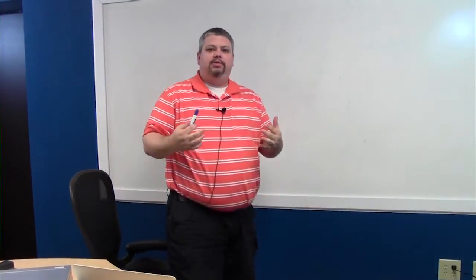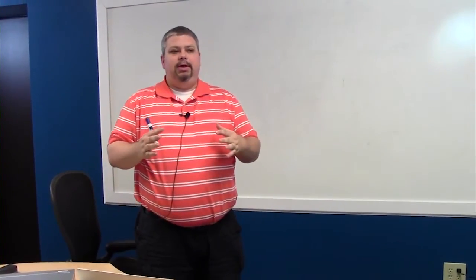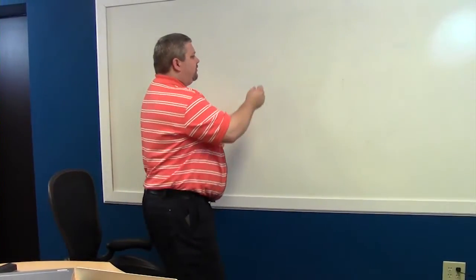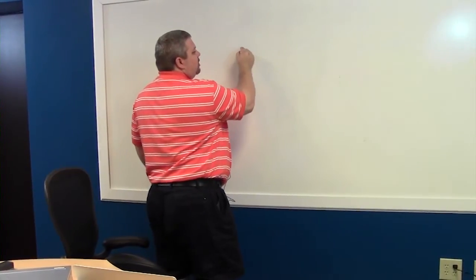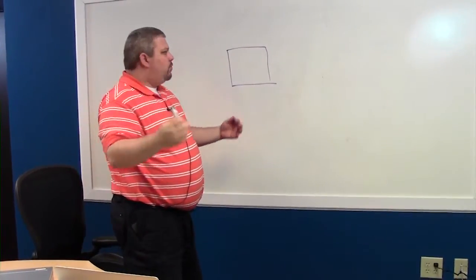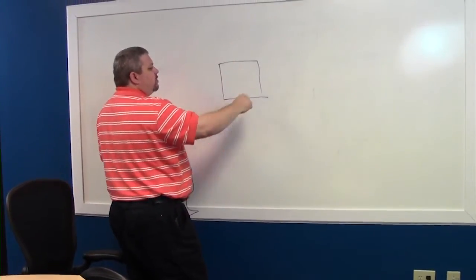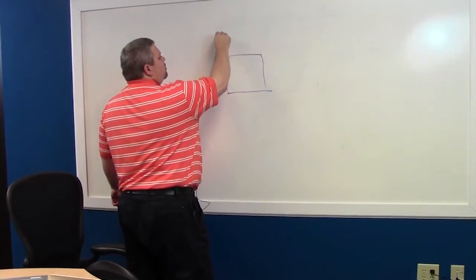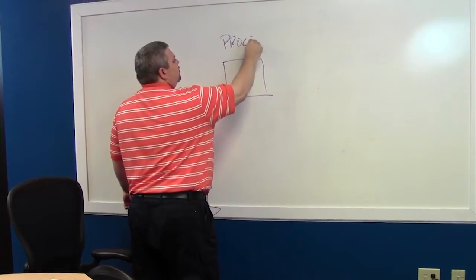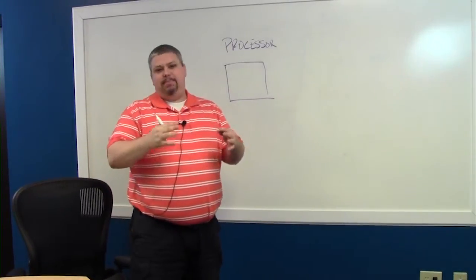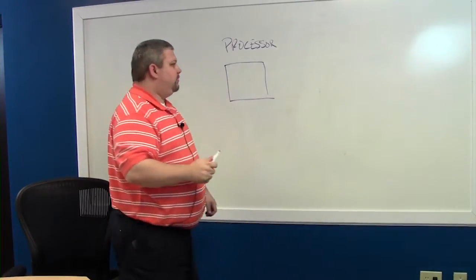When we're talking about storage basics, the best way to look at it is almost like a building block. So this is how I describe it. Let's say you've got your building block and it's got 4 sides, and each one of those sides represents a resource. One component is going to be your processor, or just processing in general, the ability to translate commands to and from the storage system.